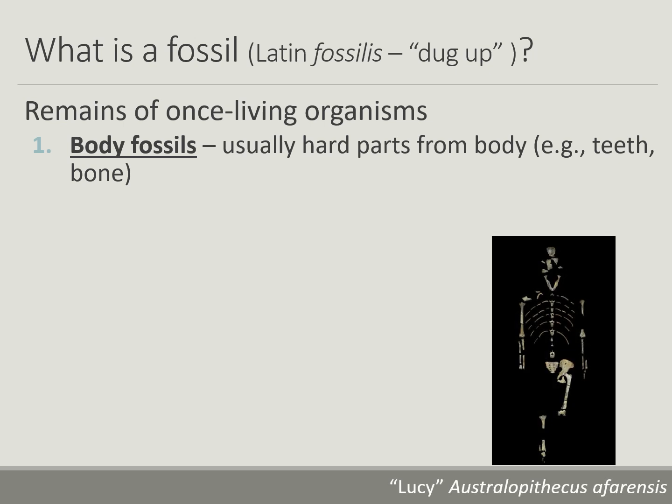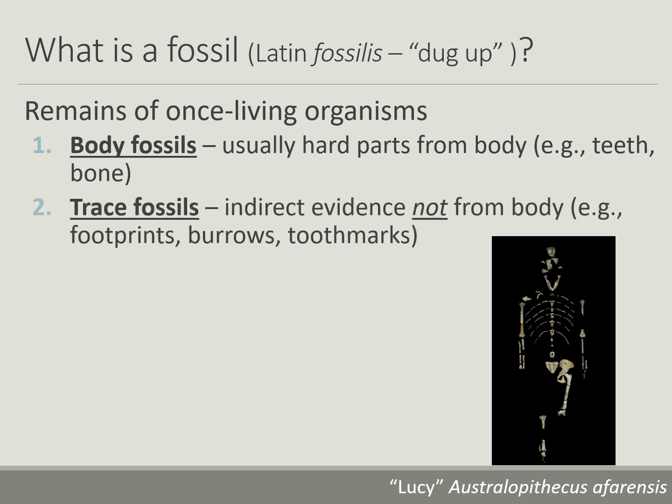Here's a classic example from paleoanthropology, which you may or may not know about. If you took ANTH 120, you definitely know the Lucy partial skeleton, Australopithecus afarensis. And then trace fossils, which is indirect evidence not from the body. That's how I like to think about it. If a body fossil is any part from the body, again, usually a hard part, you can think of trace fossils as basically everything not in that category that is still the remains of a once living organism.